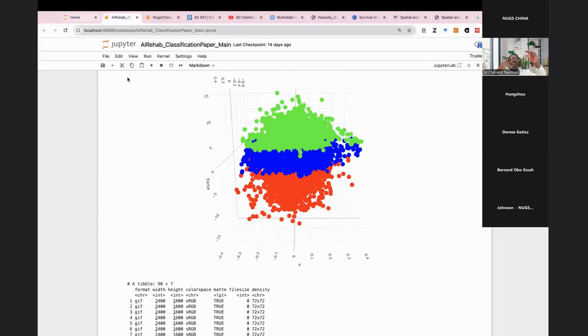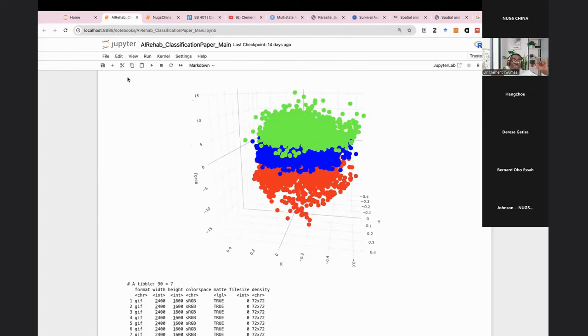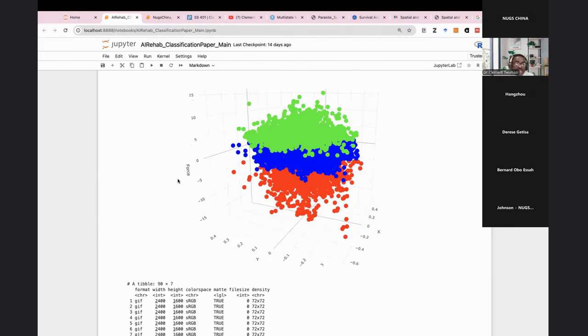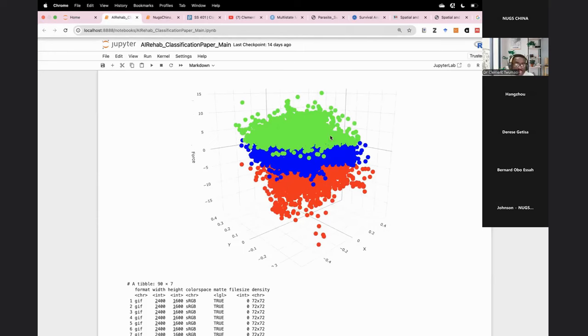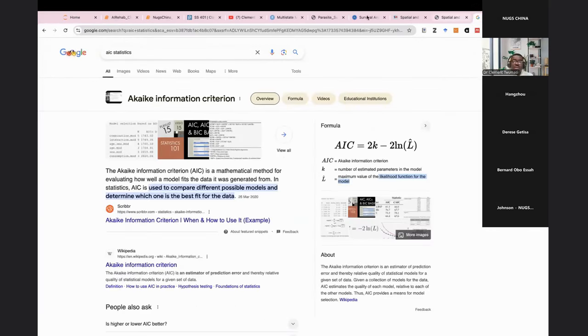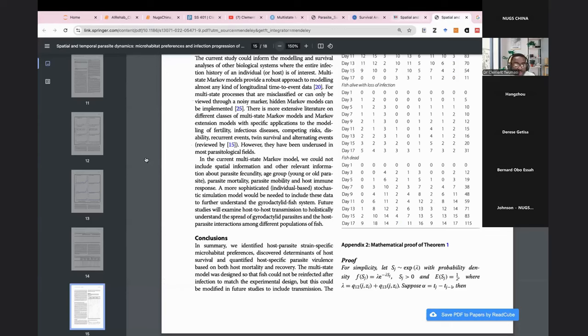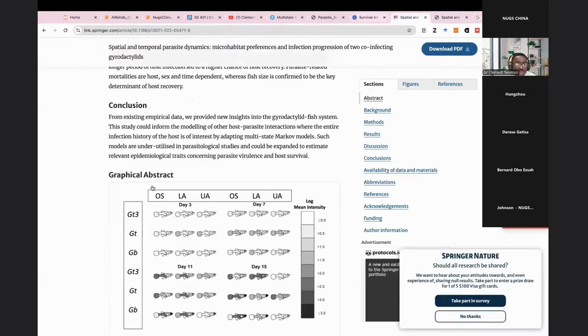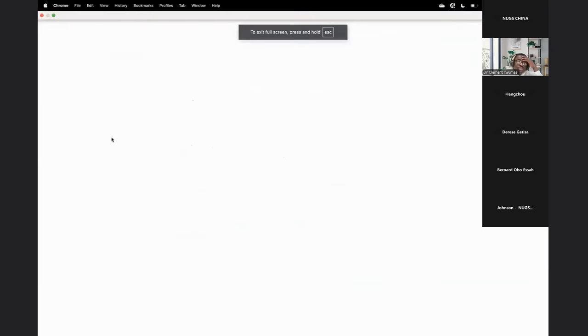if you look at the scatter plot of principal component 1 and 2, sometimes it helps you to identify potential clusters that exist. So one example is, I think, in one of my papers, this one.